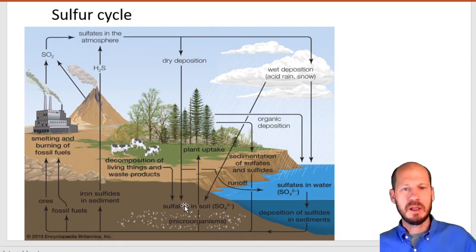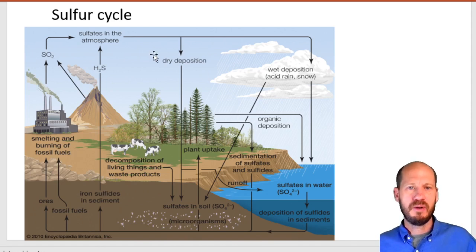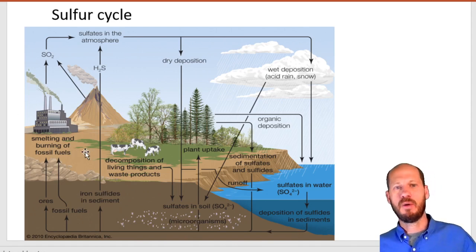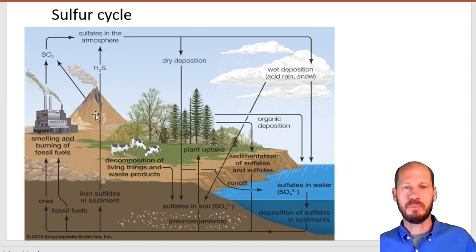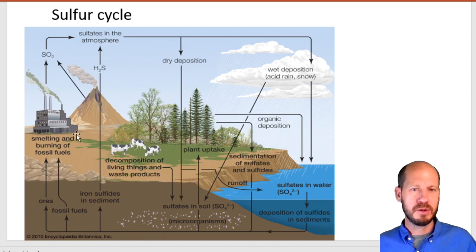But mainly sulfur will have a heavy atmospheric component, either from atmospheric pollution through the burning of fossil fuels, or volcanic activity, or bacteria that are reducing sulfur and emitting hydrogen sulfide.